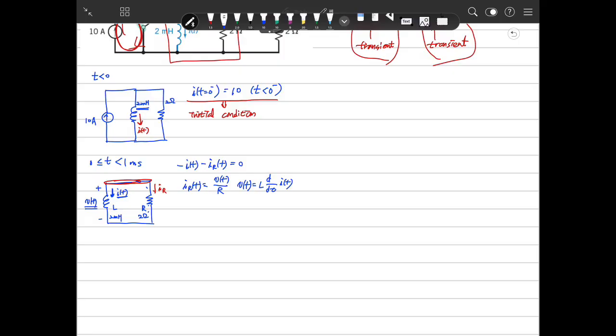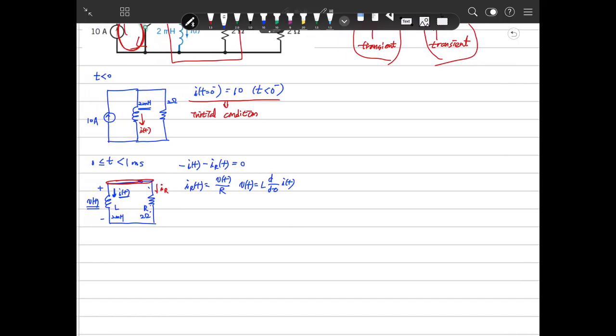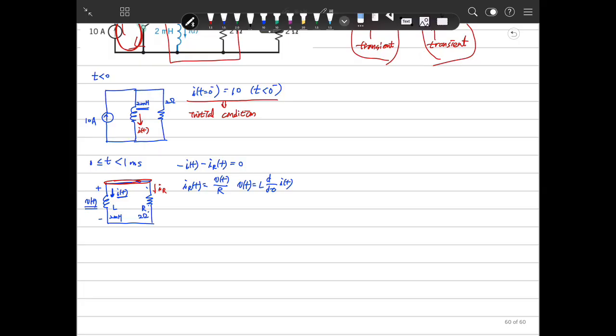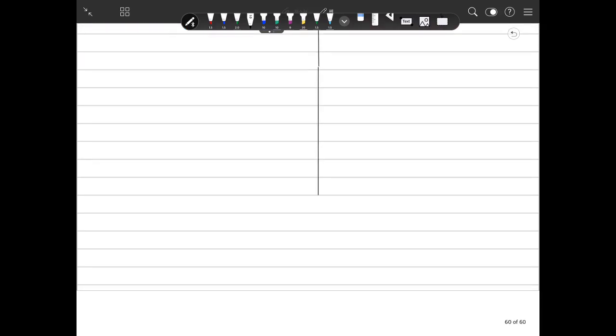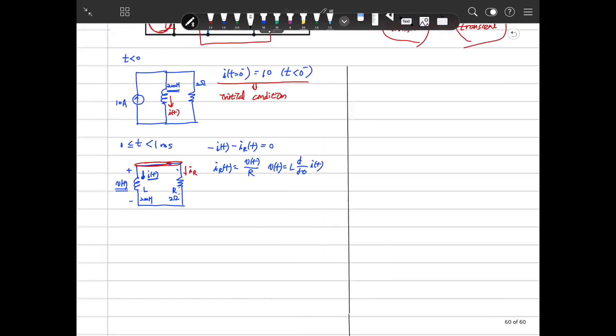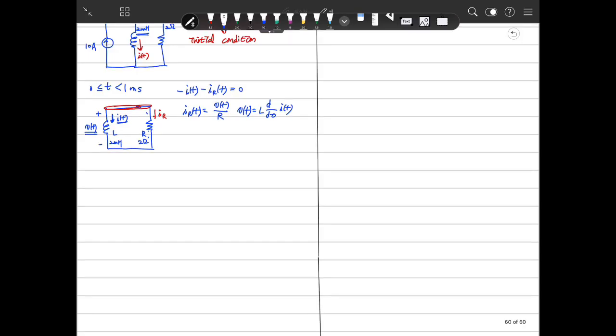We will use this circuit. v(t) is inserted here, right? v(t) is inserted here, and iL is going there.